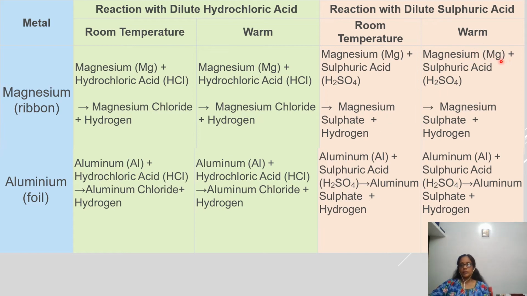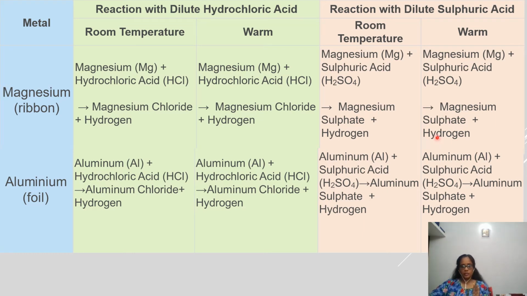And magnesium reacts with sulfuric acid, which sulfuric acid? Warm sulfuric acid. That time also magnesium sulfate and hydrogen, but that reaction rate is increased because we add warm sulfuric acid. Okay, so you got here magnesium sulfate, that is the salt, and hydrogen gas.